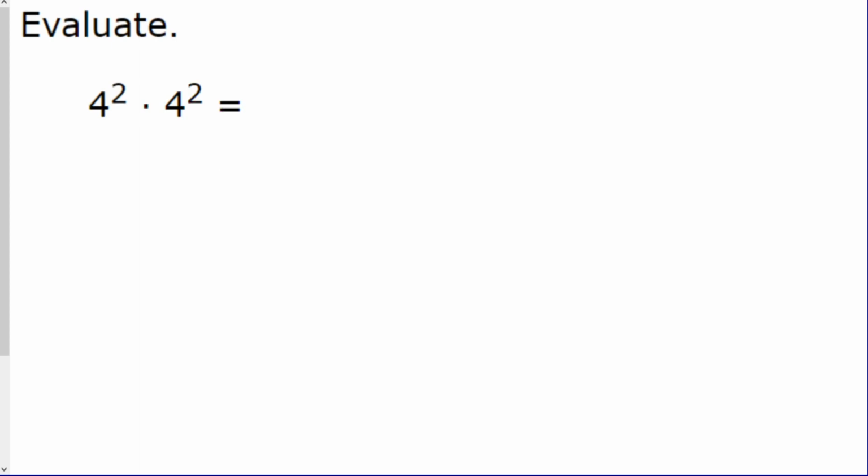All right, so in this one the bases are the same. So we could add the exponents and say that is 4 to the fourth, and then we could give an answer. I don't know about you, but I don't have 4 to the fourth memorized, but I do know that 4 times 4 is 16.